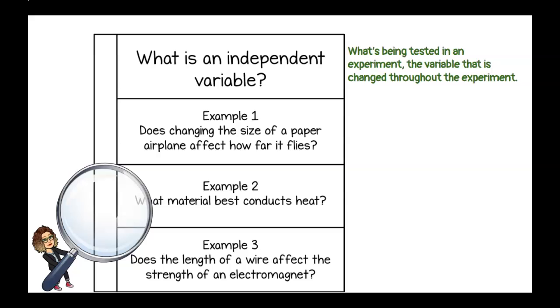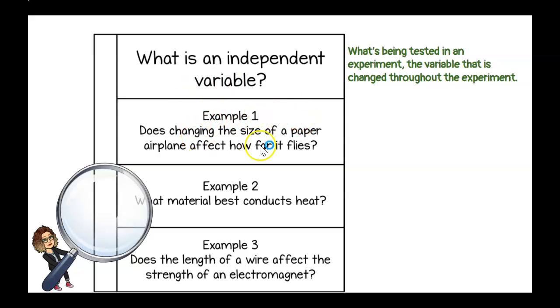What's being tested in the experiment? The variable that is changed throughout the experiment. So this is the definition of an independent variable: the variable that is changed throughout the experiment.